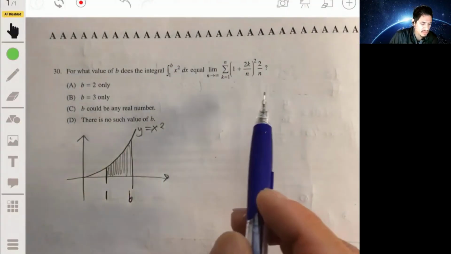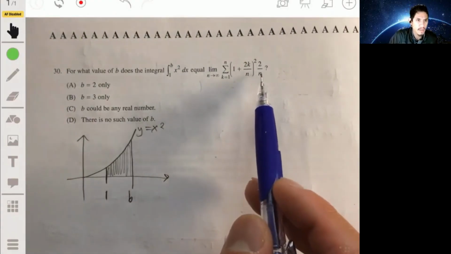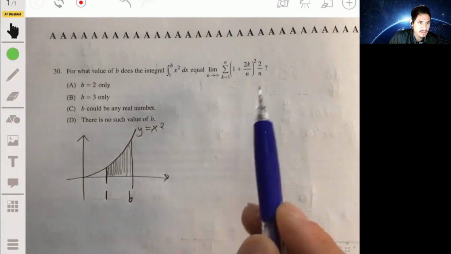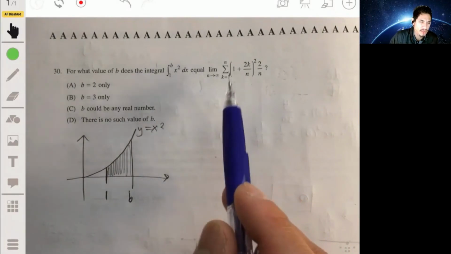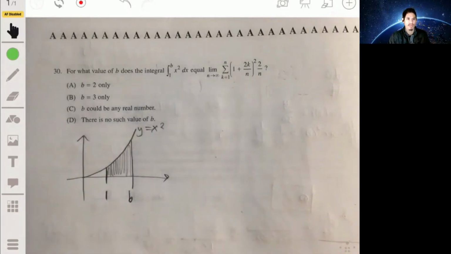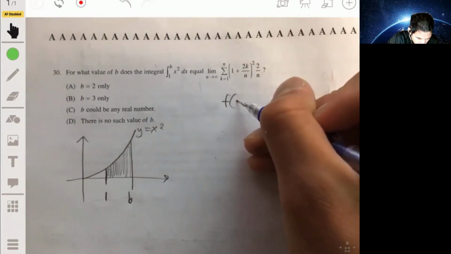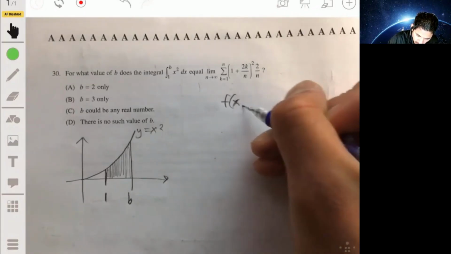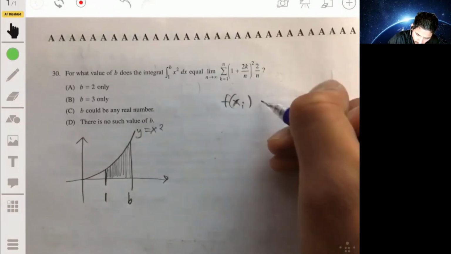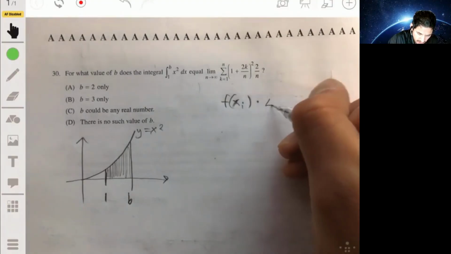Now remember, this is a Riemann sum. What you want to do is figure out what endpoint this would correspond to when you were first doing Riemann sums. You remember in Riemann sums you had something like f of x sub i times delta x.